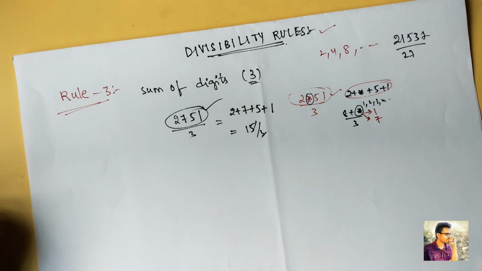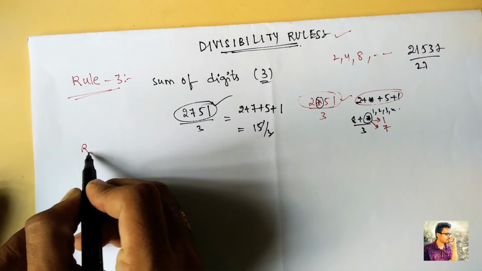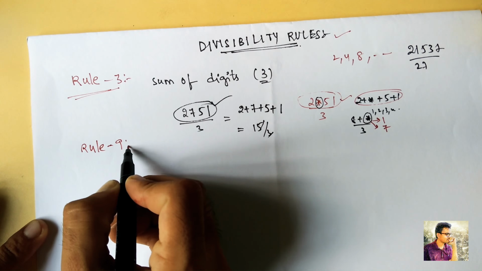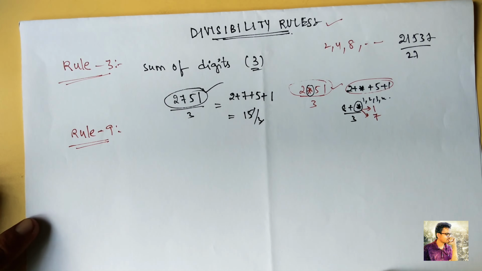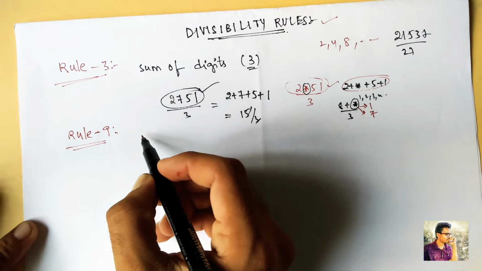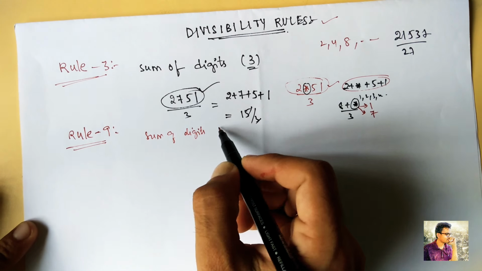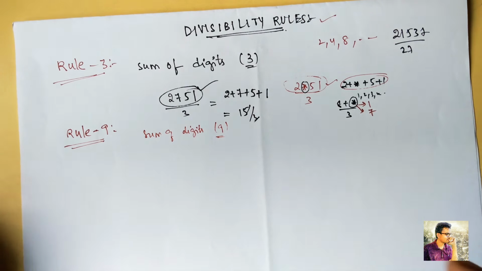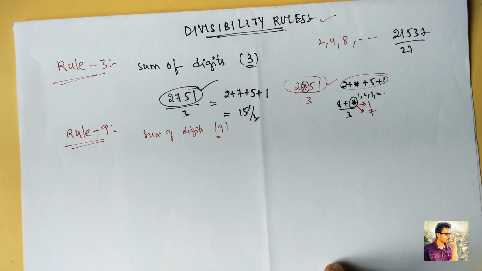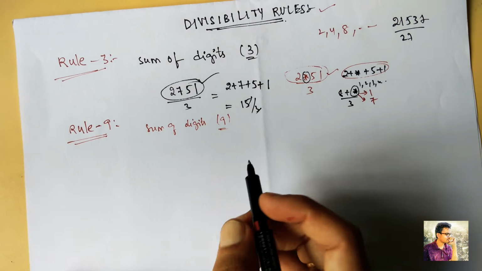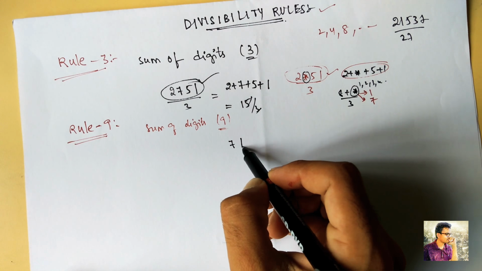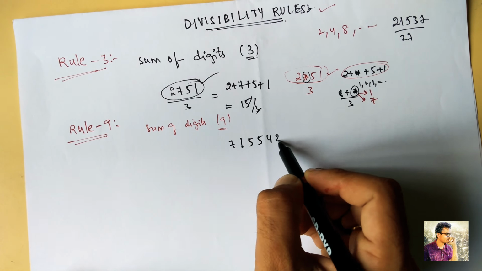Similarly, to check whether the number is divisible by 9 or not, the rule for 9, you apply the same operation: if the sum of the digits of a number is divisible by 9, then the number is divisible by 9. For example, let me give a value, 7155423.